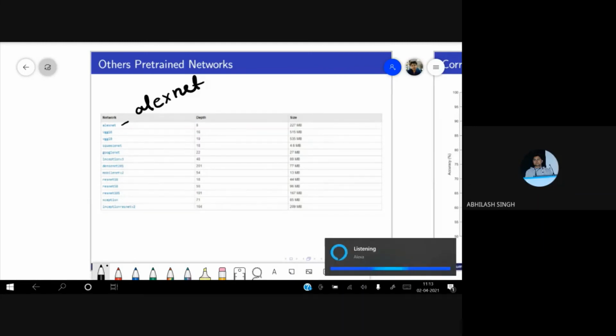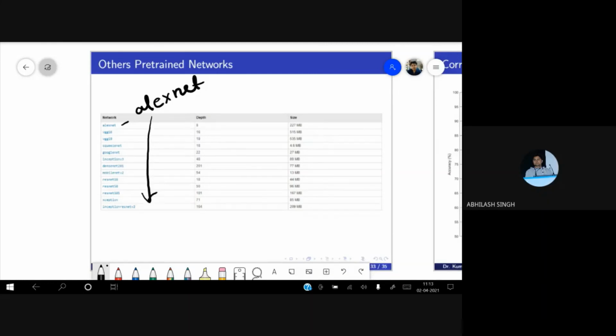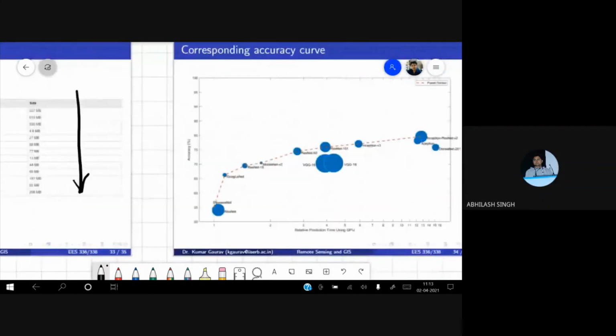Similarly we have different pre-trained networks available in the market, and the depth represents the number of hidden layers. As we can see, 22 for GoogleNet, and this is the corresponding spatial complexity, meaning the size it requires. And you can see the corresponding accuracy curve also.